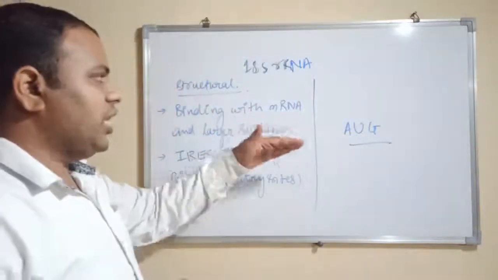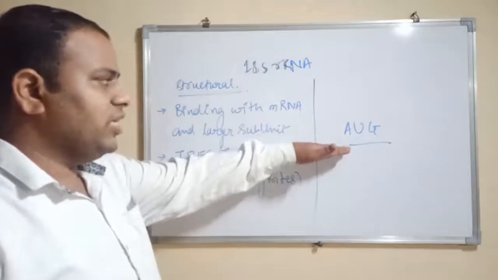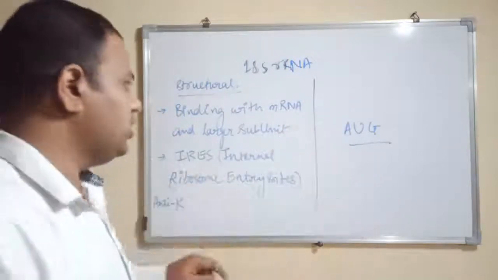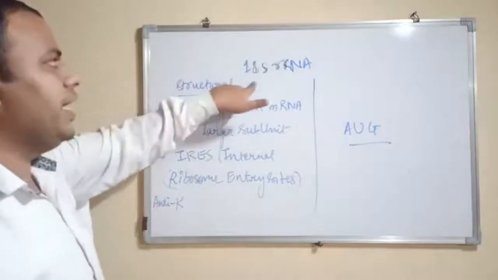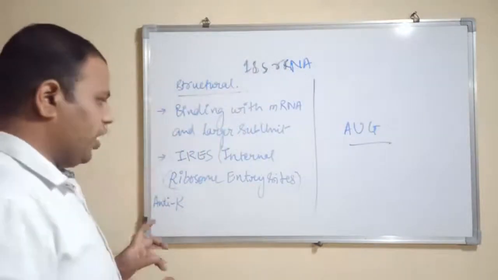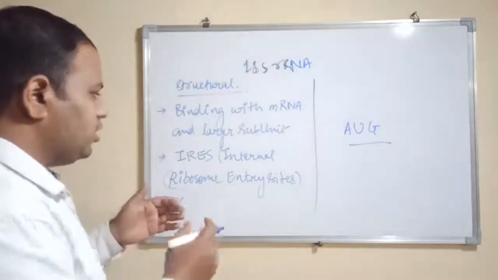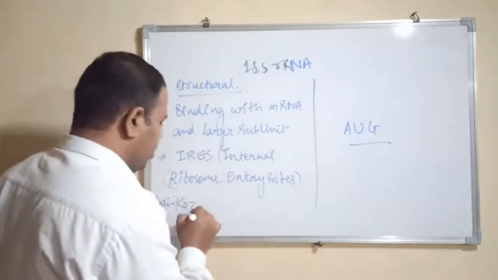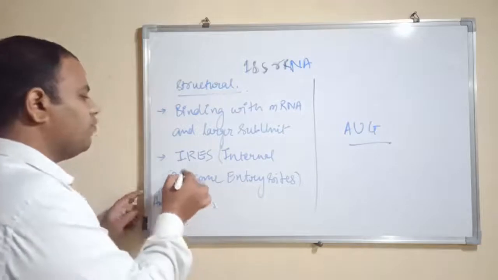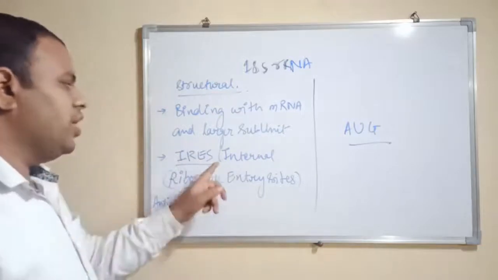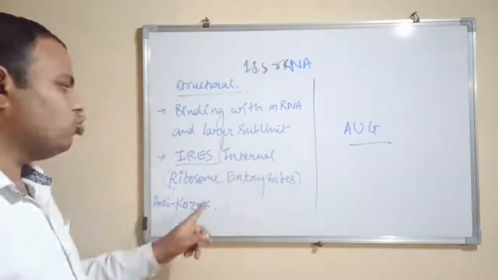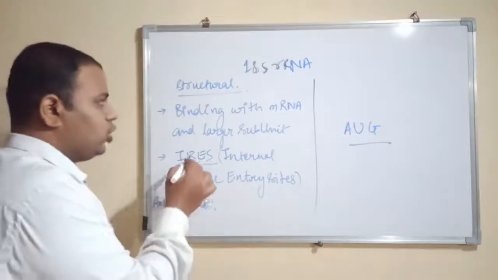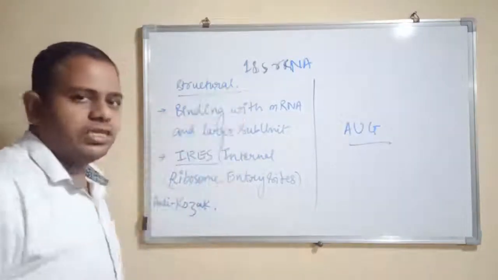So this AUG is present in the mRNA. The anti-AUG sequence or anti-Kozak sequence will be present in the smaller 18S subunit of the eukaryotic cell. Now what happens? Upstream of this anti-Kozak sequence, there is this IRES sequence, called the internal ribosome entry site, where the actual binding of the larger and smaller subunit happens.